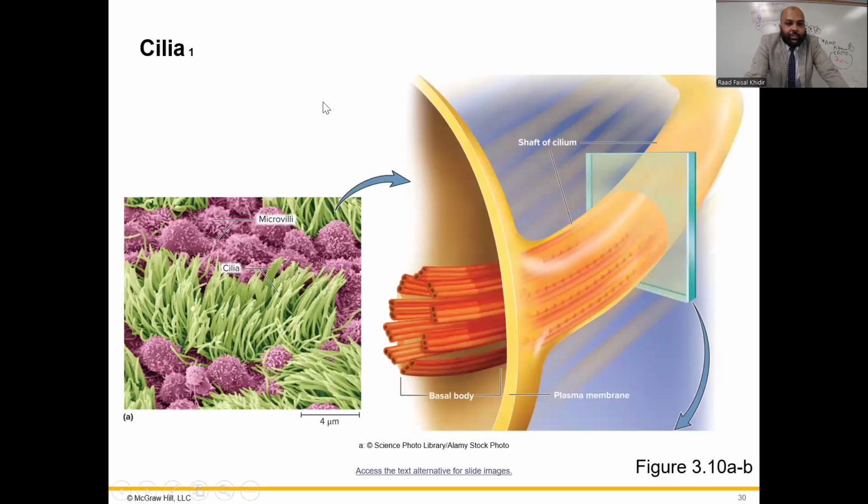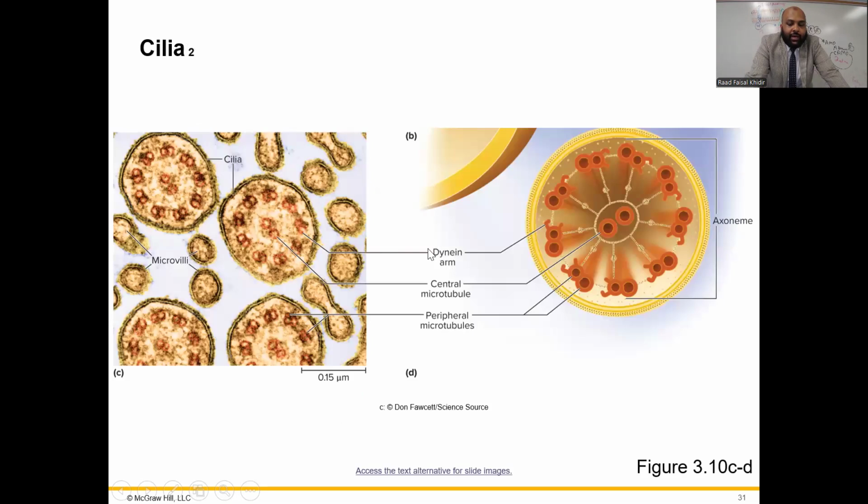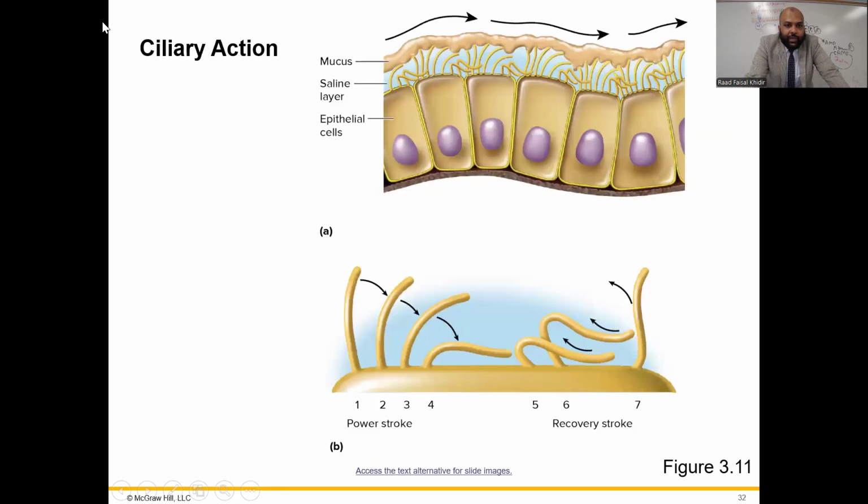So the cilia are based on microtubules, and there's a dynein arm, and central microtubules and peripheral microtubules. This is the ciliary action. In the ciliary action, you see the power stroke, when you move the mucus in one direction. Then when you get up and stand on your feet again, that's the recovery from the power stroke. That does not happen in the microfilament. That does not happen in the microvilli. That only happens in the cilia.